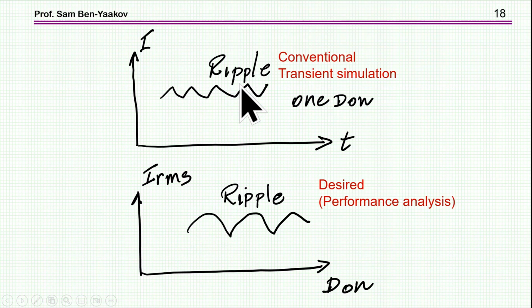So in the conventional transient analysis, you're getting information as a function of time. Well, that's not what we want. We want information as a function of D-on. So what we want actually is to run this for a range of duty cycles, for each one to extract information like, say, the peak-to-peak ripple, and then to present it in this form as a function of the duty cycle.